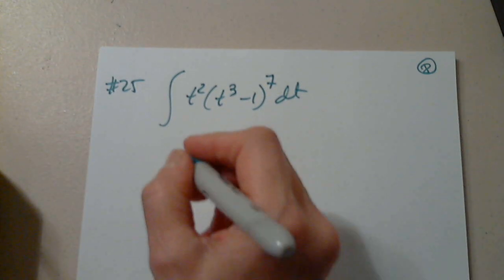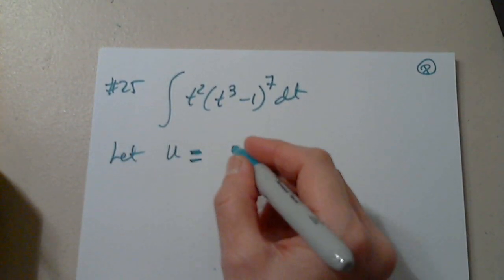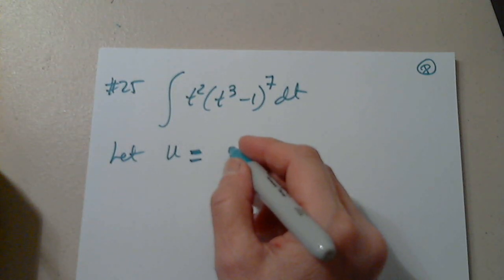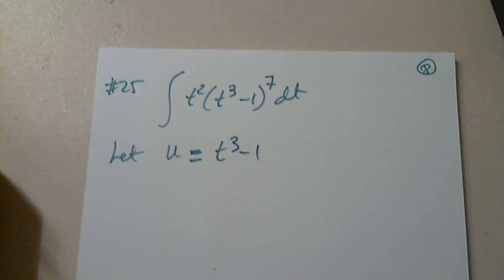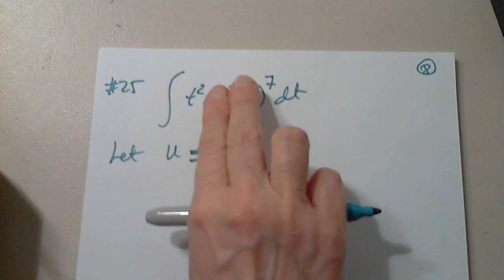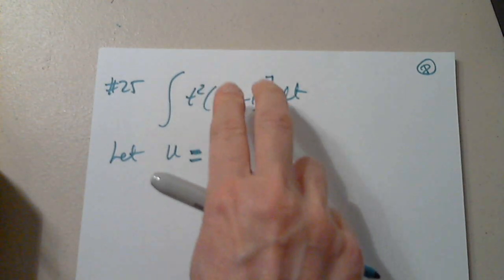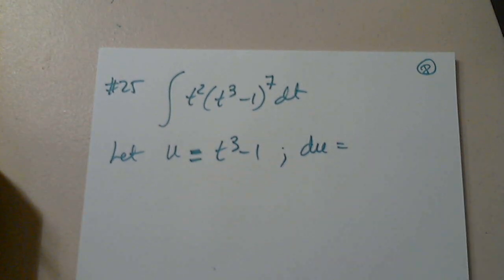What bothers you? The 7th power. Right, the 7th power on t cubed minus 1. If I have one term, it's easy. But once I have two terms, that's a problem. As long as I can find du, with minor adjustments for a number, who cares?